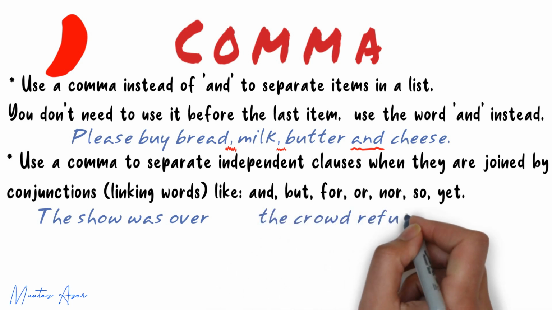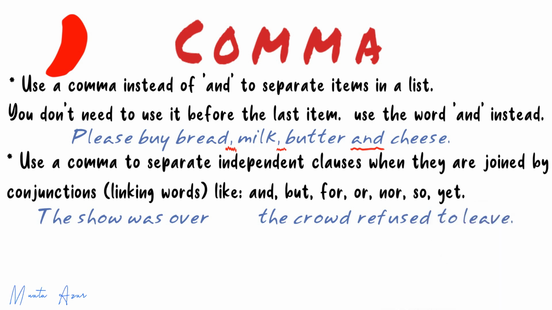The crowd refused to leave. These are two independent clauses because each of them can stand by itself as a separate simple sentence. Now we can join these two sentences into one sentence by using a comma, followed by a linking word.